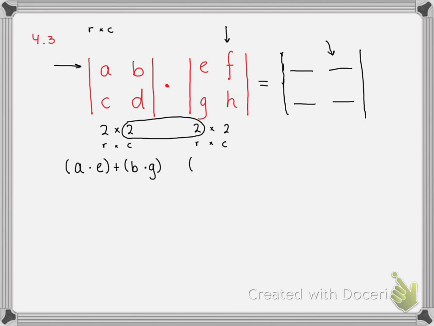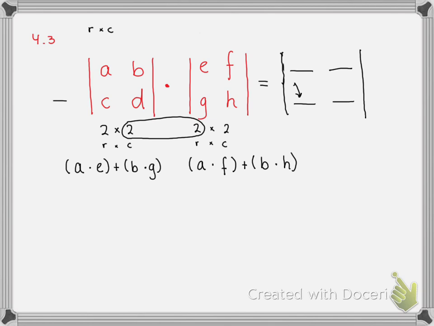So we'll start with A, and we'll multiply by F, plus B times H. And we will continue this. Let's do the second row, first column in our solution matrix.